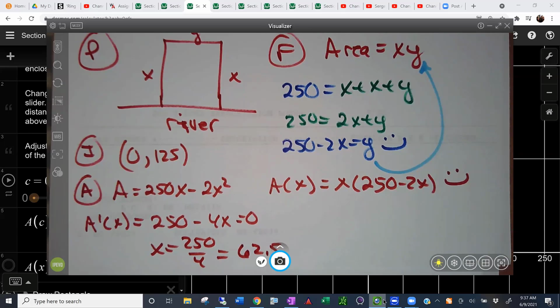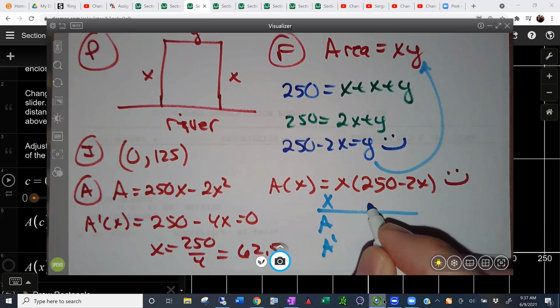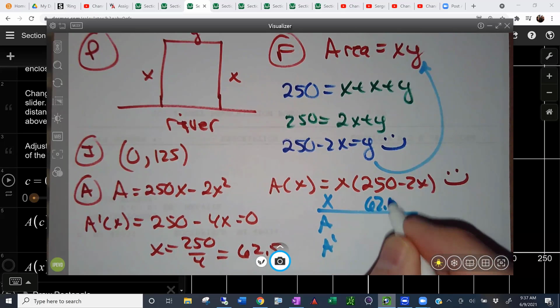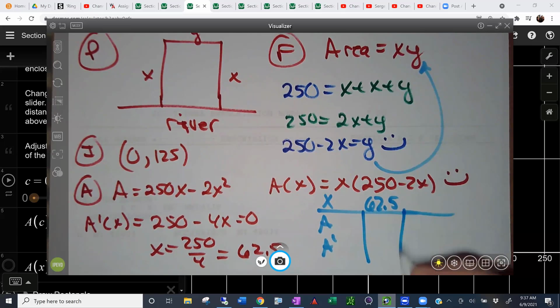Okay. How do I know that this is a maximum and not a minimum? How could I tell? Did you do the first derivative test? Yeah, you can do the first derivative test. Thank you, David. So let's run through that real quick. X, A prime, 62.5. So here you've got a 0.